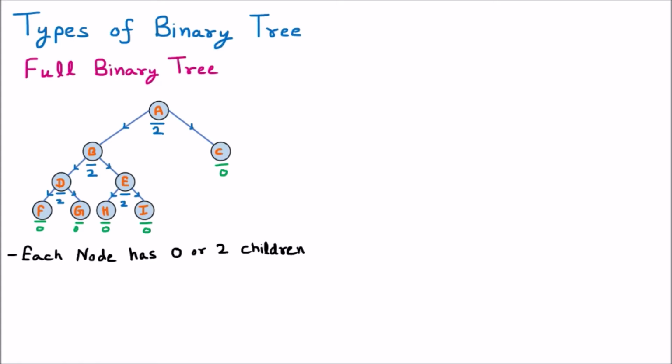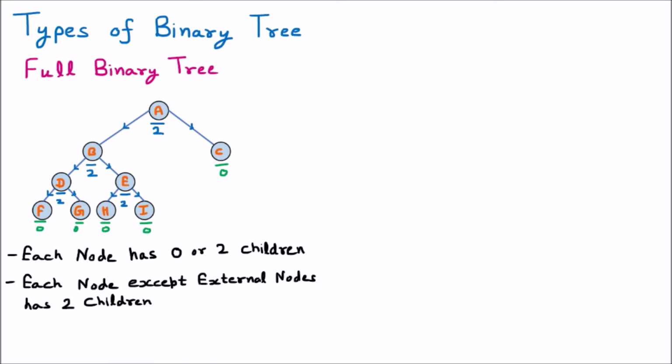There is another definition that we can derive: each node except the external node has 2 children. External nodes are also called the leaf nodes. So these nodes which are available at the bottom are the external nodes, or leaf nodes, of this particular tree.